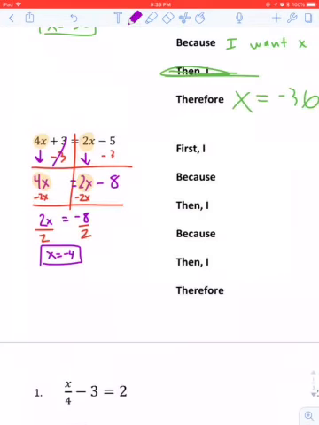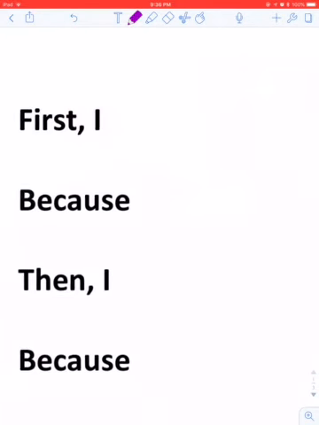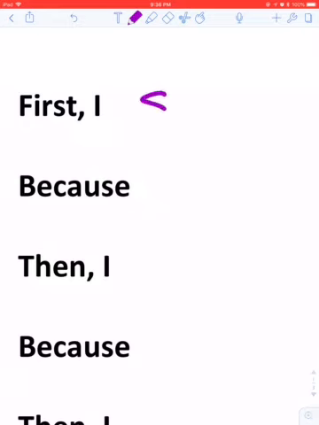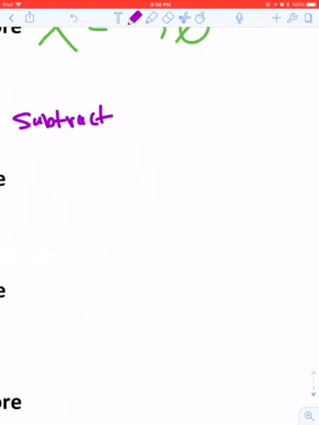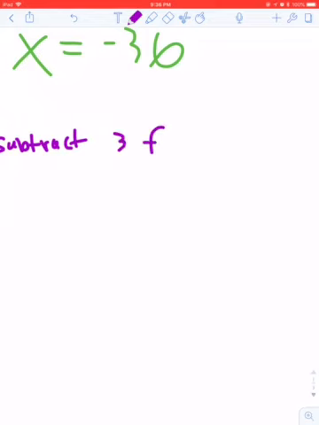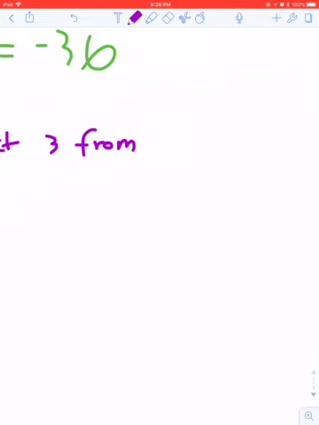Okay, so let's write what I did. So first I subtracted 3 from both sides.